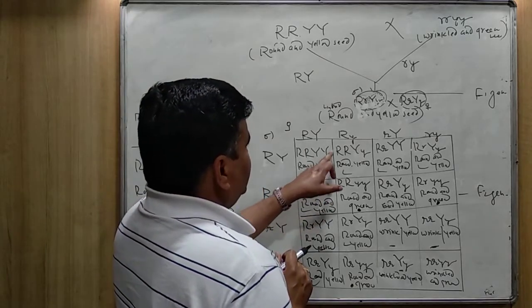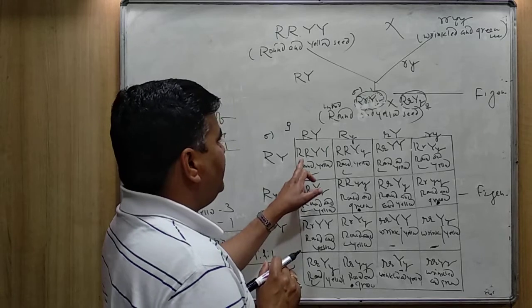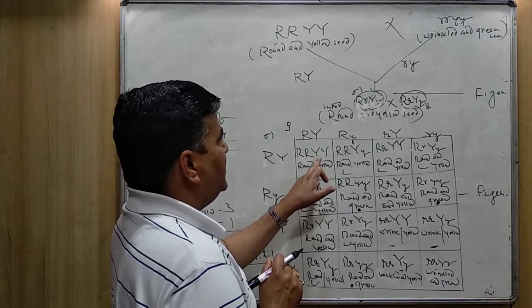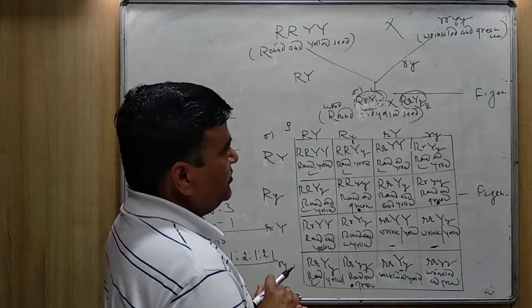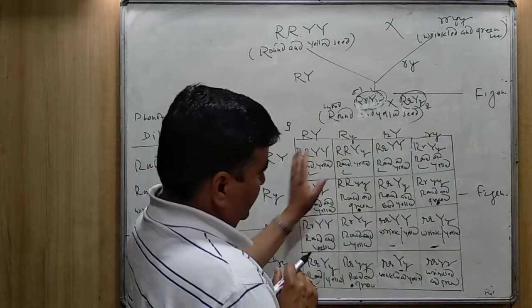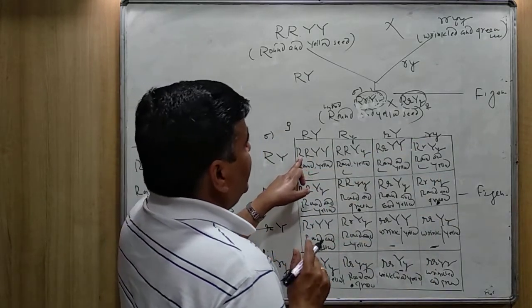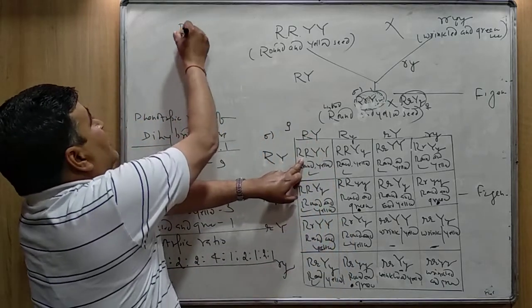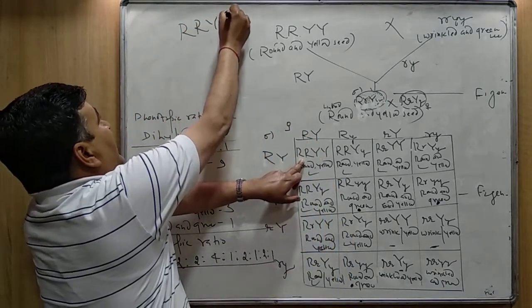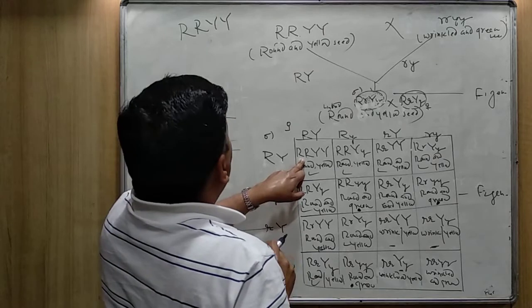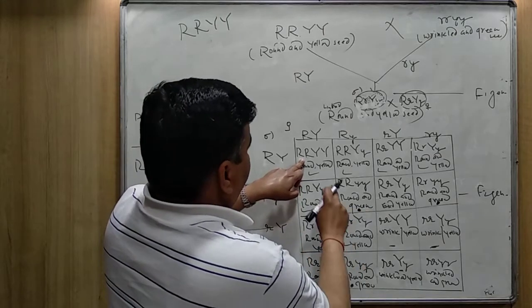Now how will you find out? Round and yellow. Just see how many pure round and pure yellow seed plants appear in this checkerboard. Just say how many RR and capital YY are here.